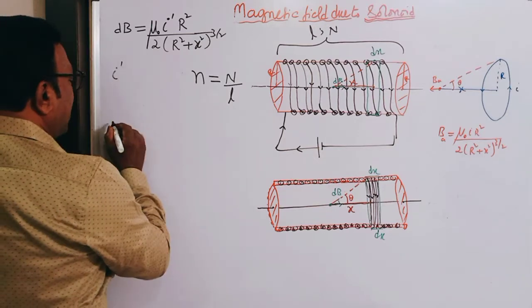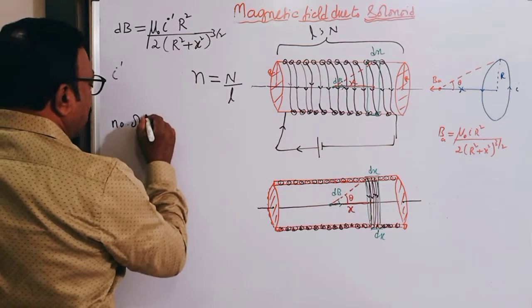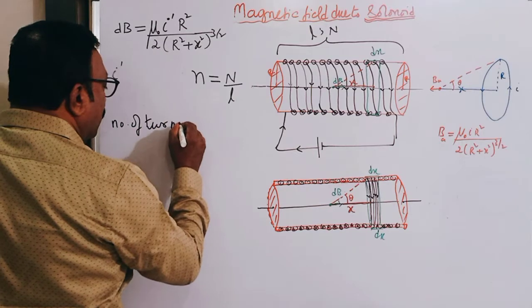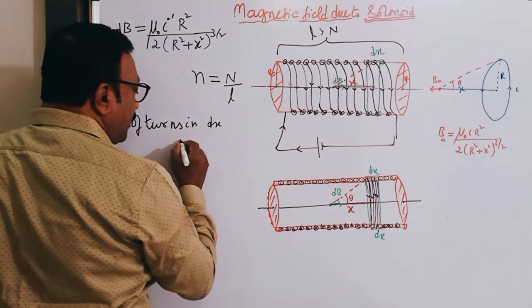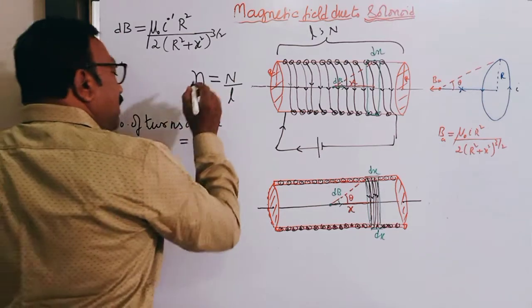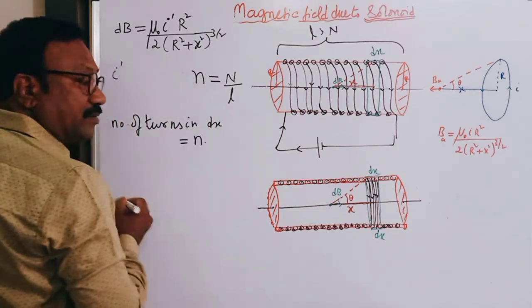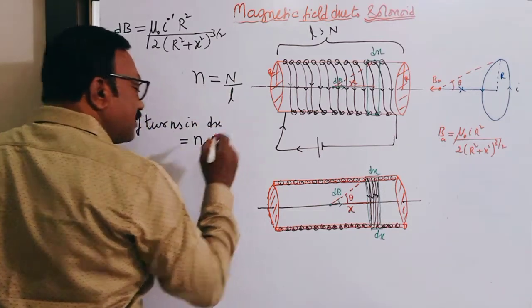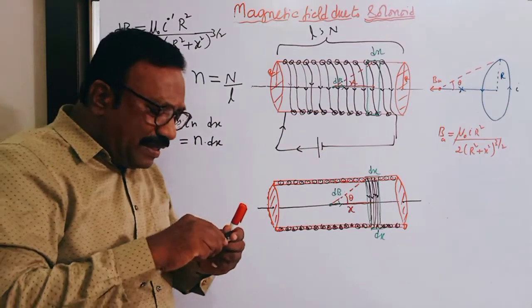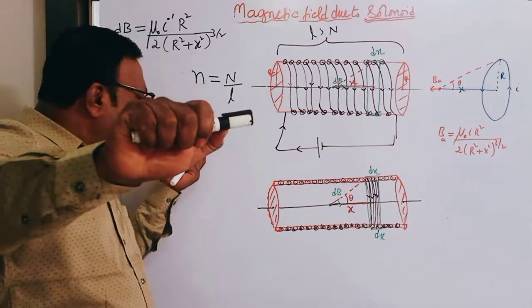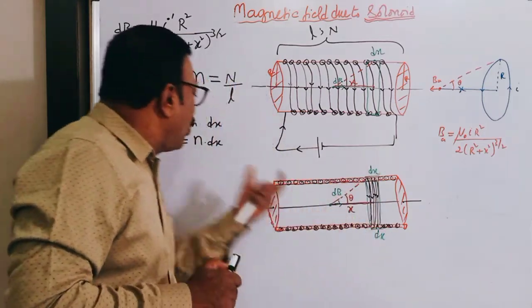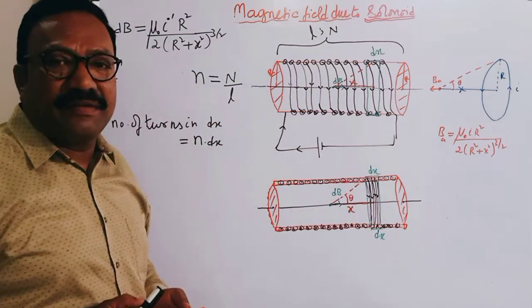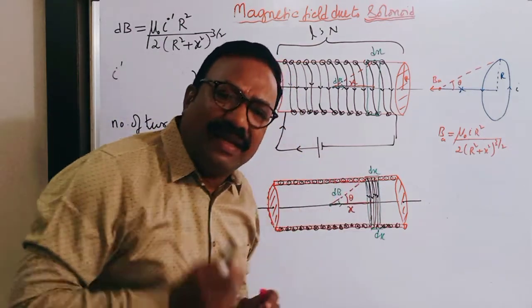So number of turns in dx is equal to number of turns per unit length into length dx. Because in unit length I have n number of turns, and therefore in the length dx, how many turns will I have? n into dx.